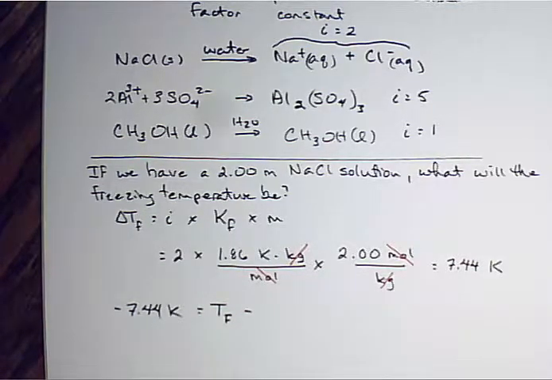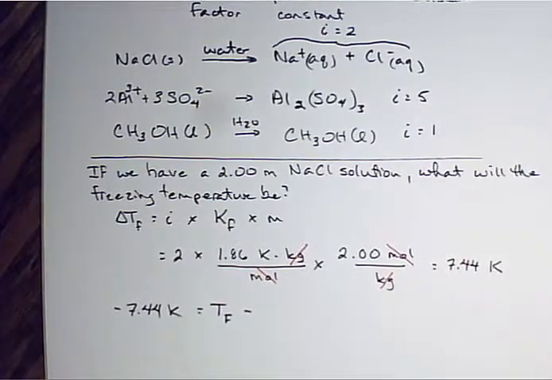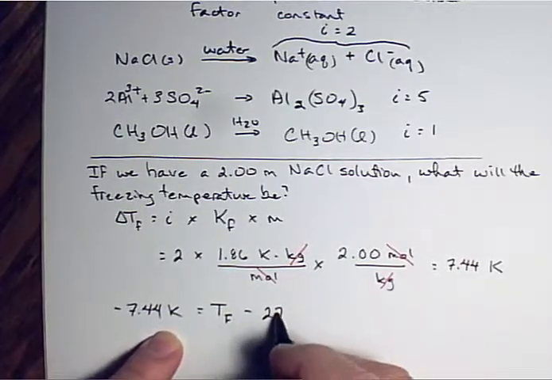Yes, it is 32 degrees Fahrenheit, but we don't want to use that. 0 degrees Celsius. Well, this is in Kelvin, though. Converted, it would be 273.15 Kelvin, right? Good.